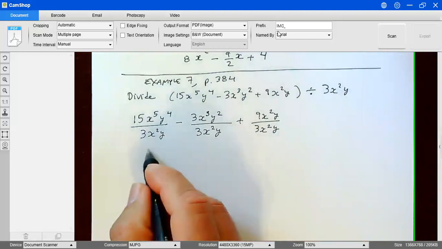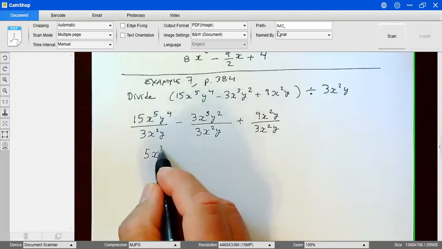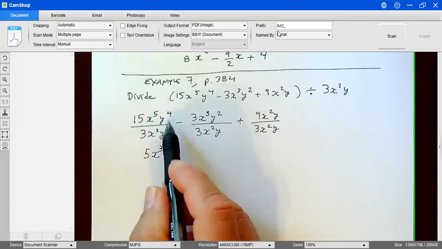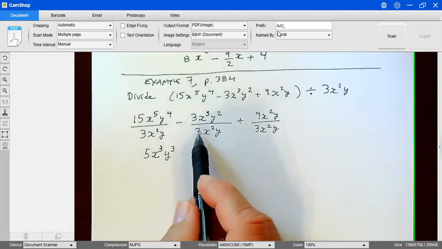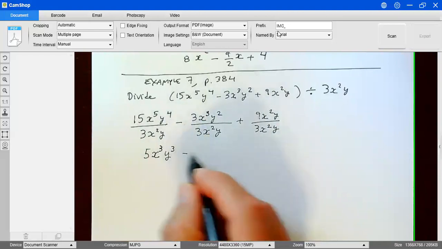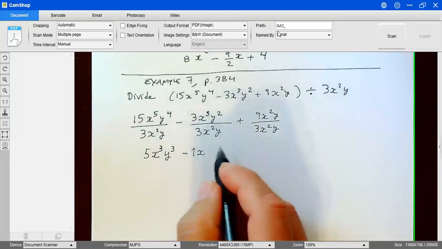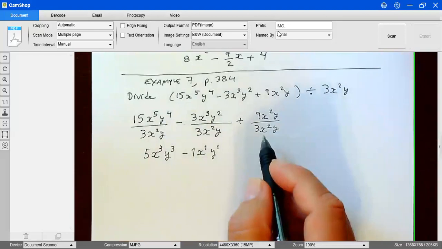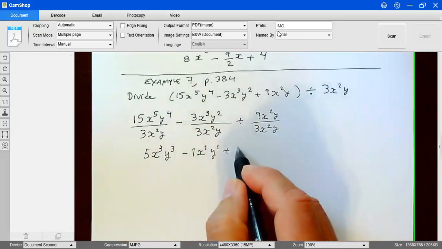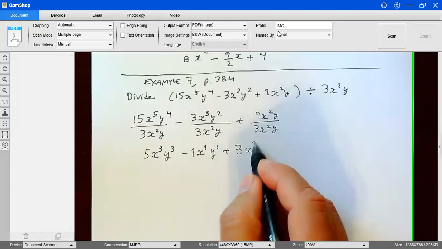Then we're going to do our coefficient math. 15 divided by 3 is going to be 5. Then we're going to write x. 5 minus 2 is going to be 3. Then we're going to write y. 4 minus 1 is going to be 3. Then negative 3 over 3 is going to be negative 1. You can write 1. Then we have x. 3 minus 2 is 1. And we have y. 2 minus 1 is 1. And finally, 9 over 3 is going to be 3. X is going to be 2 minus 2.